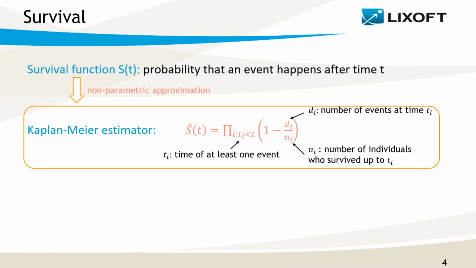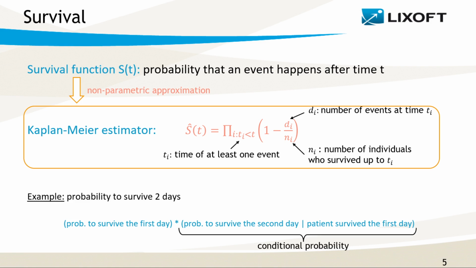Then, for each time t, we have to multiply probabilities calculated at all previous times ti when at least one event occurred. It is similar to calculating the probability that a patient survives 2 days. It is a product of a probability that a patient survives the first day and the conditional probability that he survives the second day, knowing that he survived the first one.